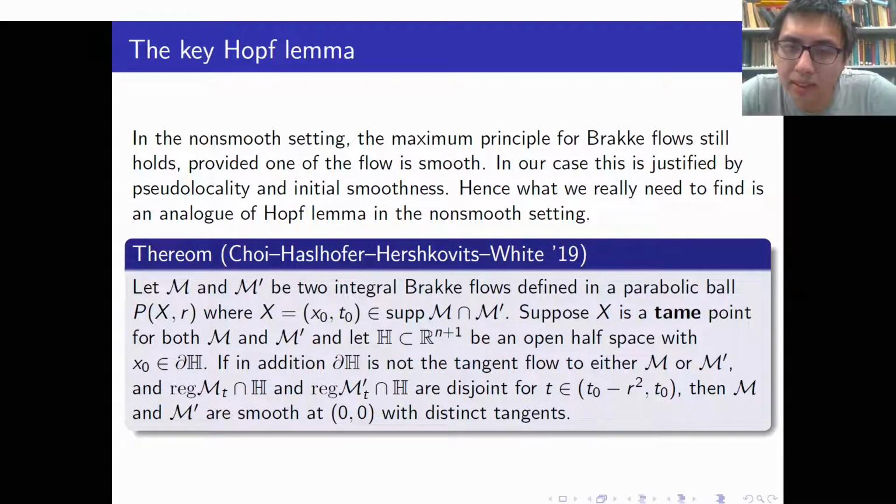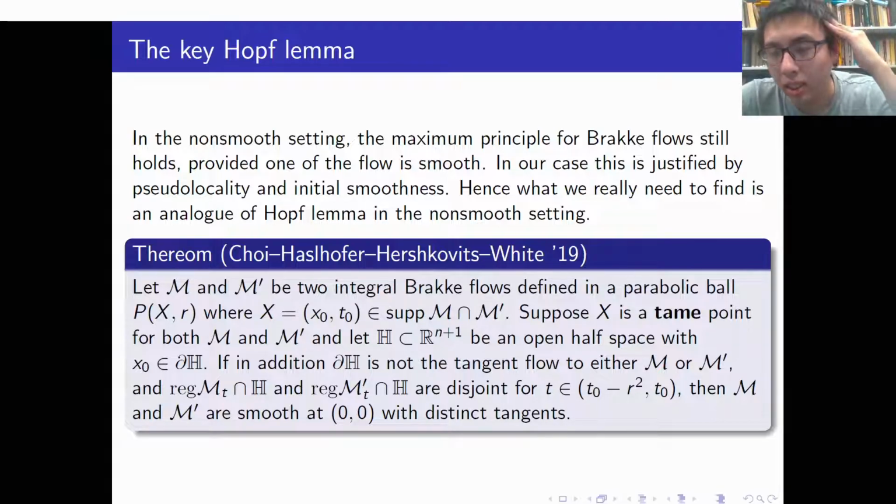Suppose X is a tame point, which is a technical condition, and this is where we need to rule out the triple junctions. This tameness assumption does not allow the triple junction singularity that we've been talking about. Suppose X is a tame point for both M and M prime, and you have an open half space H with X on the boundary of the half space.